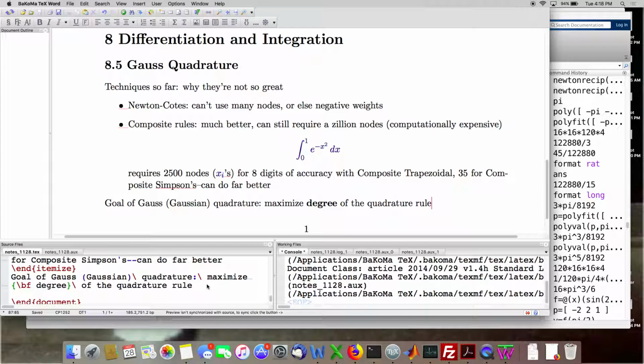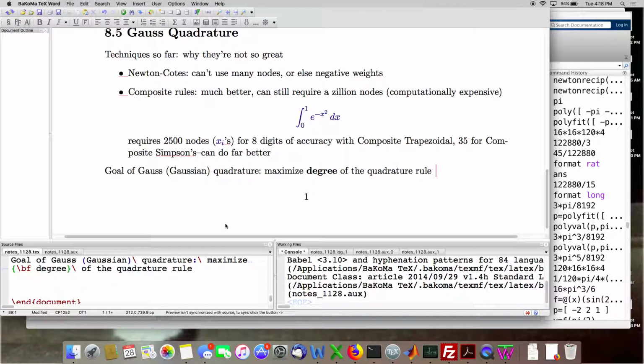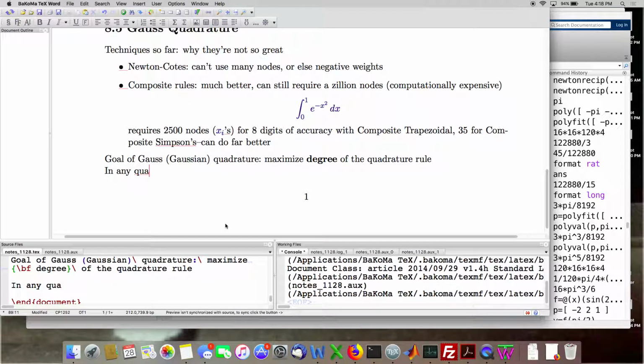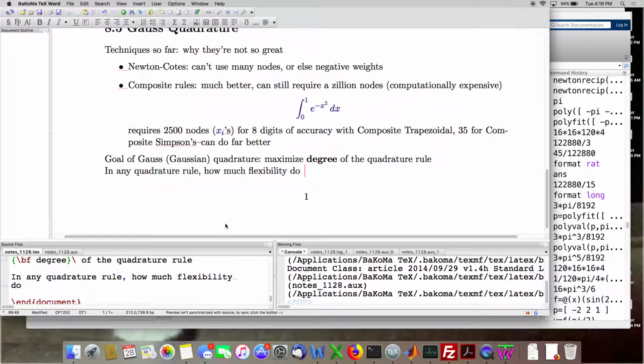Now, in any given quadrature rule, how much flexibility do we have?